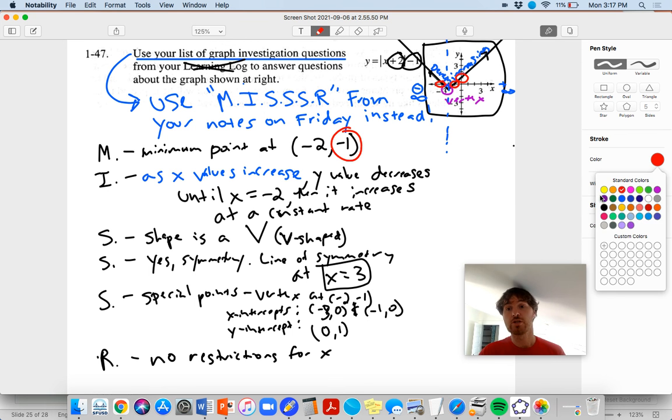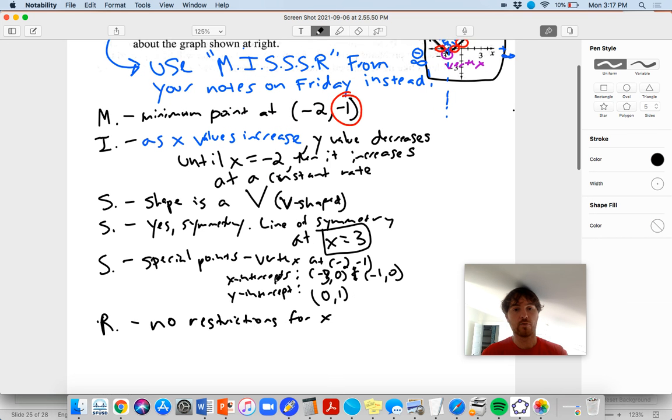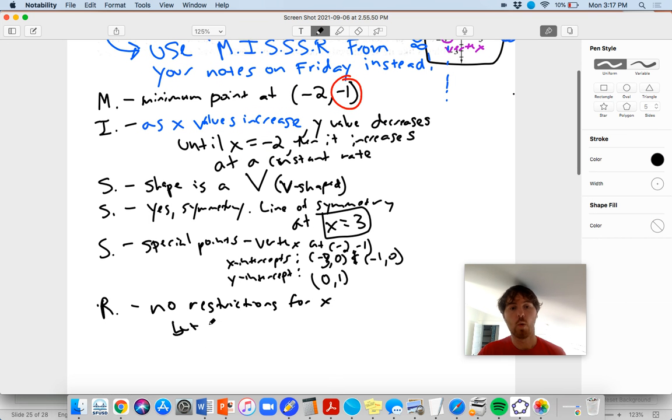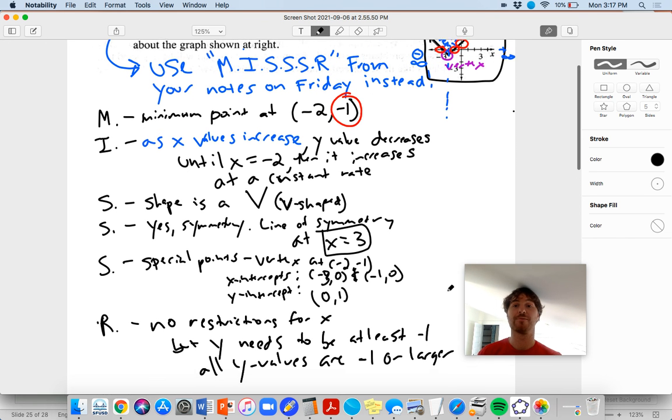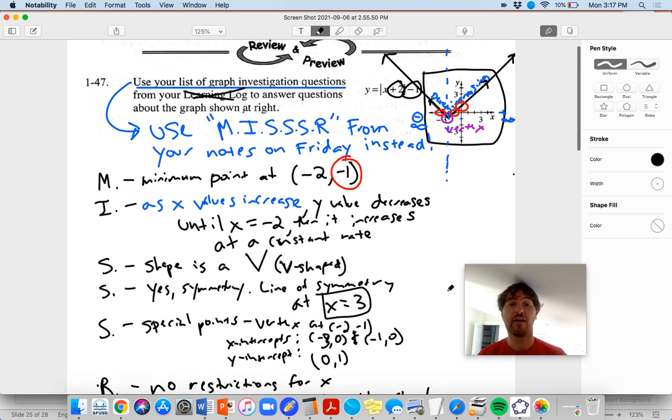So the restrictions are: no restrictions for x, but y needs to be at least -1. Or you can say all y values are -1 or larger. And there you go. You fully described the restrictions here. Message me if you have any questions.